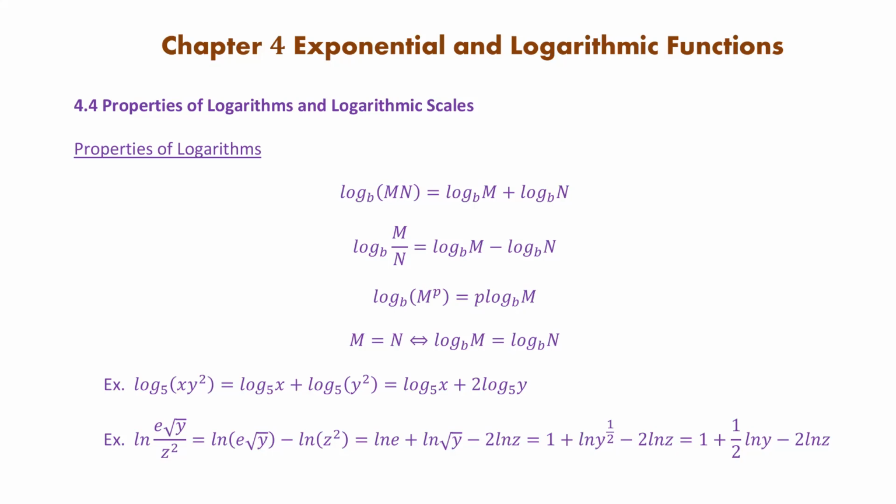And we can rewrite the square root of y as y to the half in the second term, and then put down half in the front to get half times ln y, as long as y is positive. So it has to be positive in this case, actually. So at the end, the answer is 1 plus half ln y minus 2 ln z. Any questions about this example? No question. Let's go to the next page.